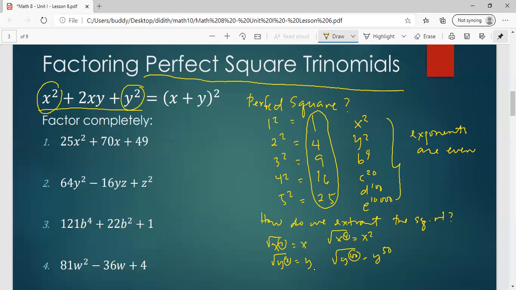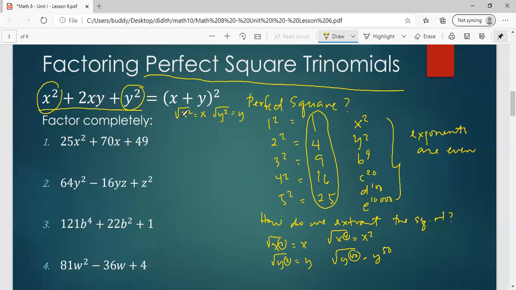So for instance here, we know that the square root of x squared is x and the square root of y squared is y. Now, the last condition for us to consider the expression as a perfect square trinomial is that when we extract the square root of the first and the last terms, and then we double the product, it has to be the middle term.